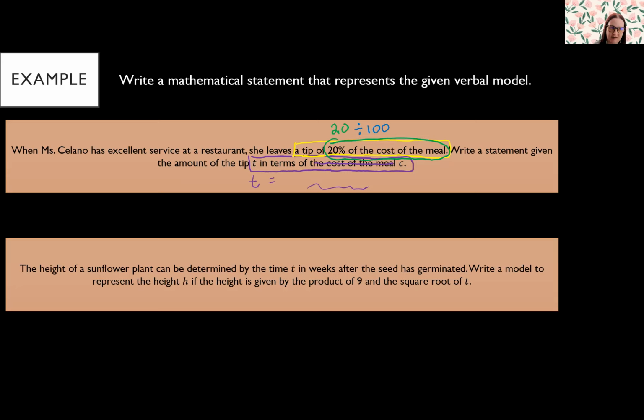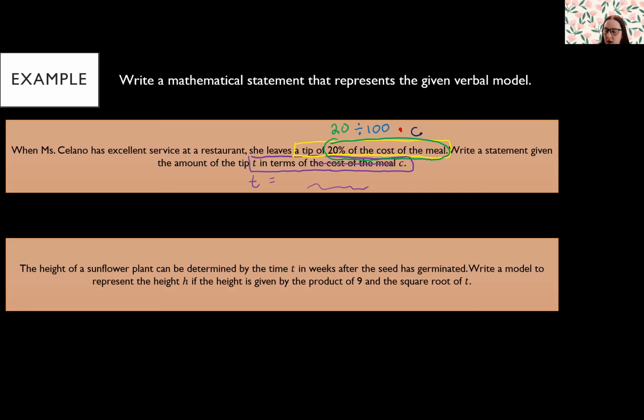So that percent symbol gets translated as the word percent, divide by 100. And then of, because it says of the cost of the meal. So of means multiply. And then the cost of the meal is our next variable, C.